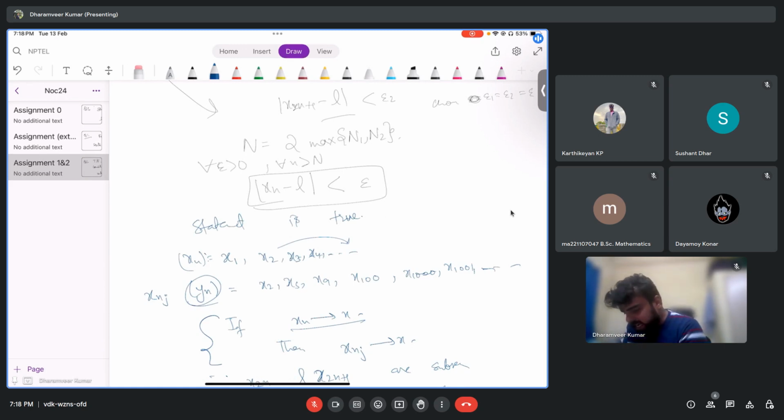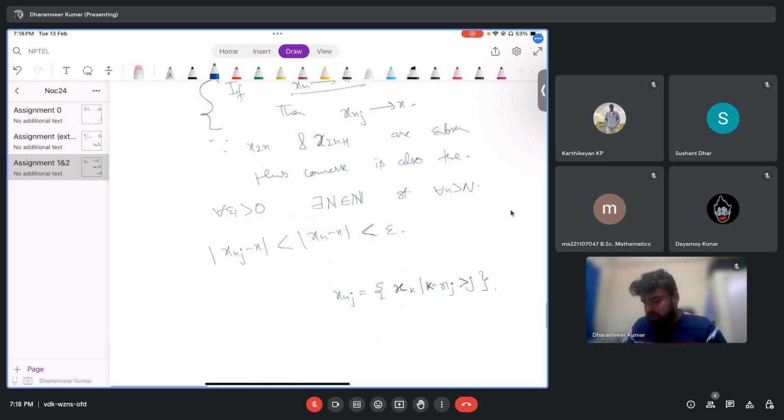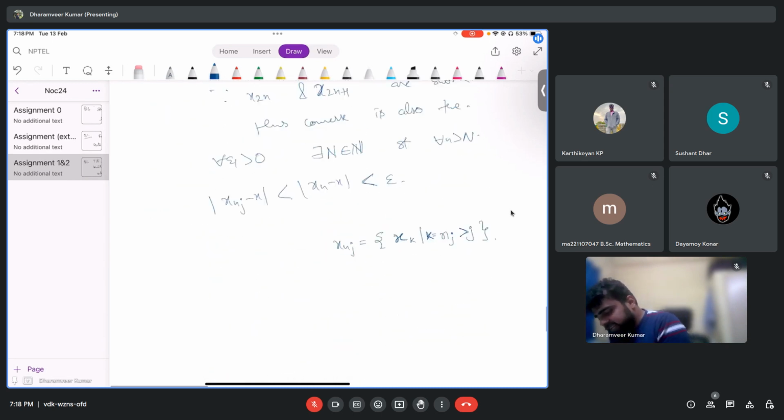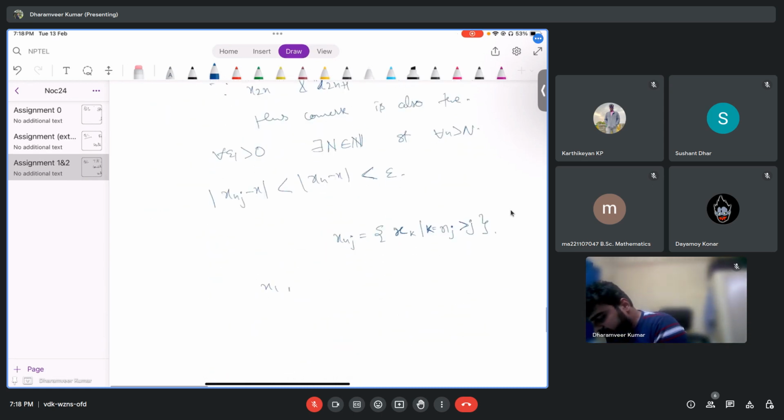The second element will always be greater than 2. The third element will always be greater than 3, and so on. So if there is a sequence and it converges, for some epsilon you get this n, and after this everything converges.